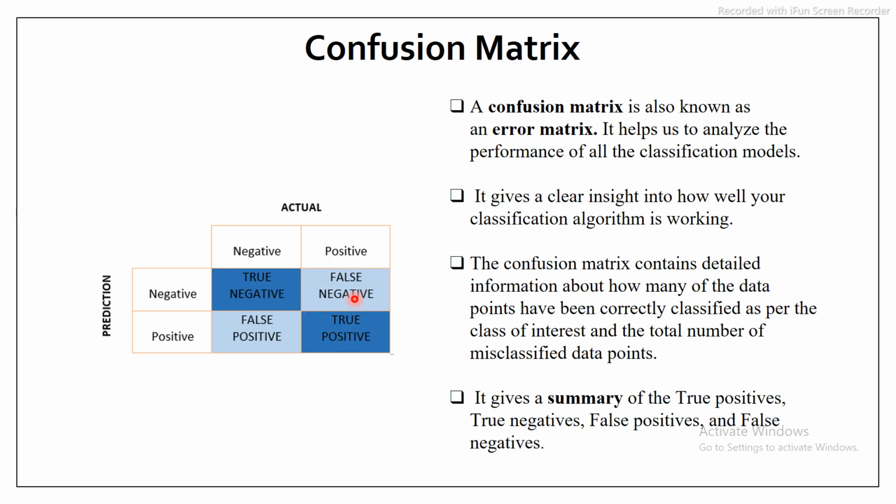The problem is the false negative and false positive. A false positive means a person actually didn't have COVID, and your model has predicted he has COVID. Okay, fine, that is not a problem. But the problem is this one.